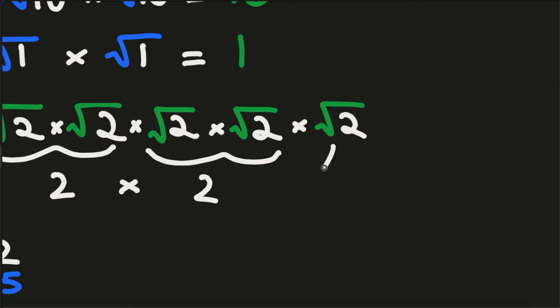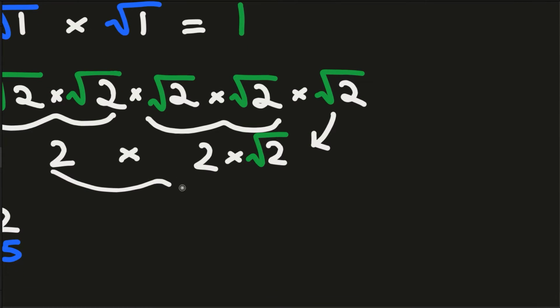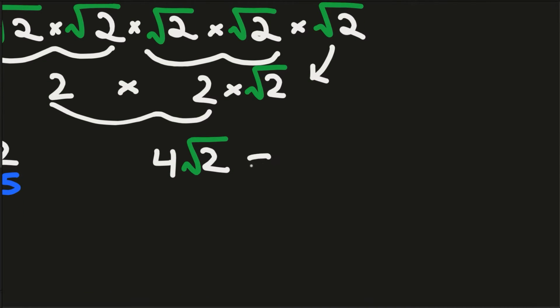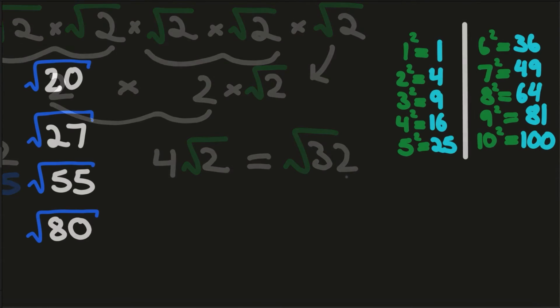And now the square root of 2, we can't simplify that any further, so it would mean that we have 8 times square root 2 left over. We can now simplify this as 4 square root of 2. And this is as far as we can get into simplifying the square root of 32.